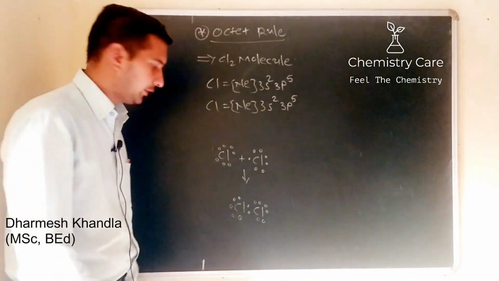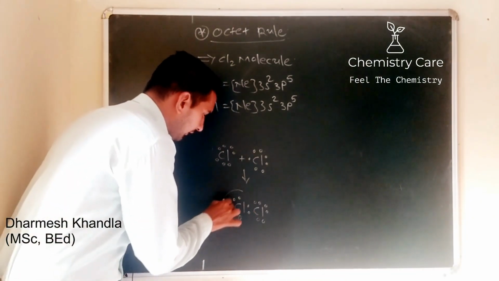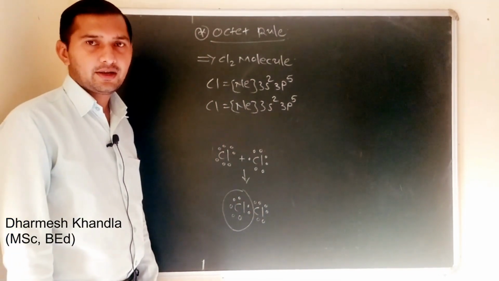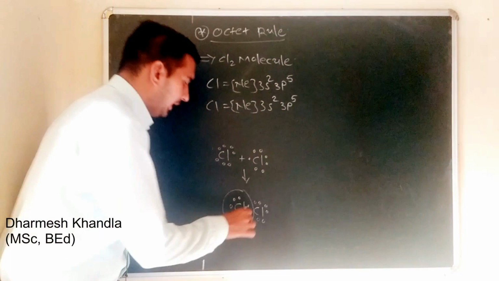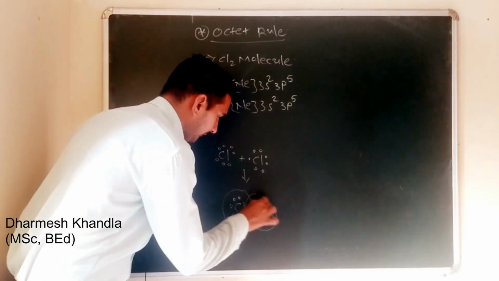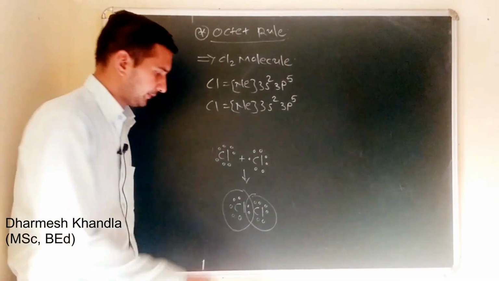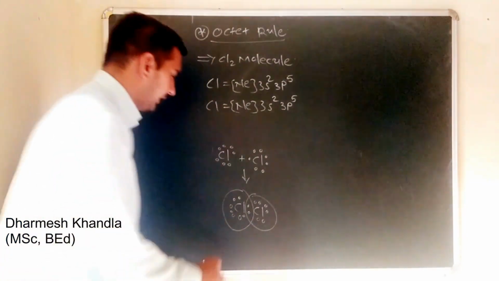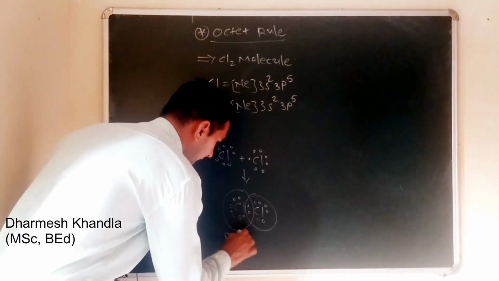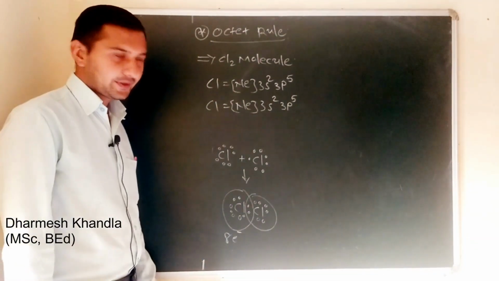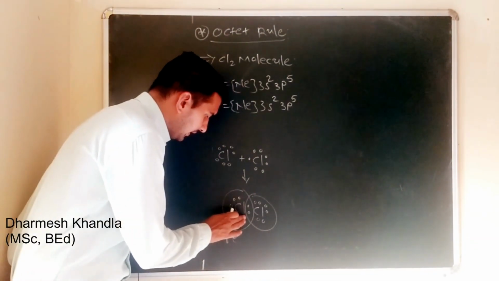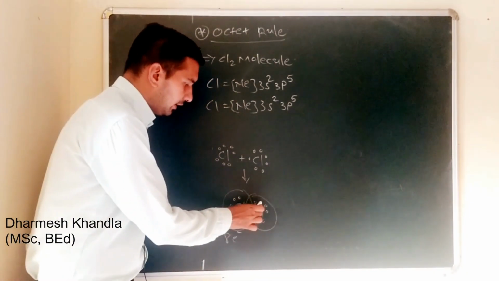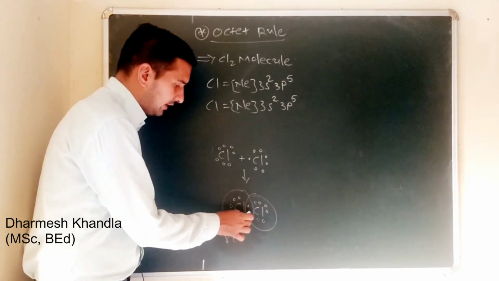In this Cl2 molecule, we can see 8 valence electrons in one chlorine atom. Similarly, 8 electrons are acquired by the other chlorine atom. So in this Cl2 molecule, this chlorine atom has 1, 2, 3, 4, 5, 6, 7 and 8.